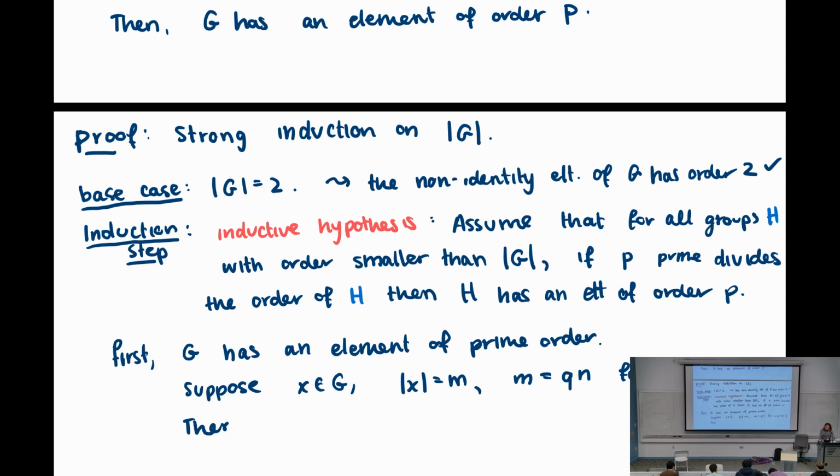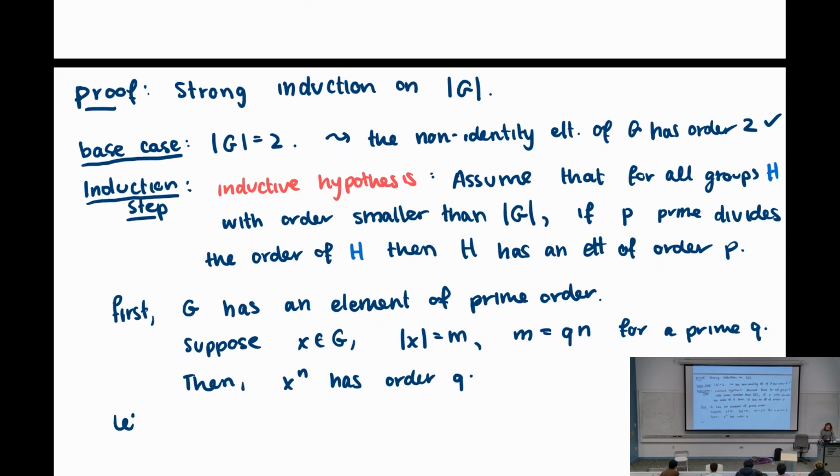Then the element x to the n has order q. Okay, so I know that G has elements with some prime order. So let x be an element of G with prime order q.